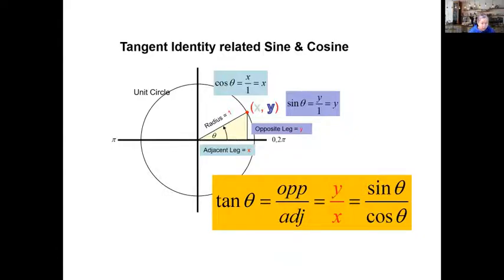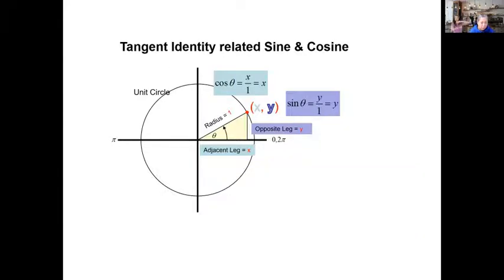Okay, we can quickly recall what was happening. As we know, the x-coordinate is the cosine, the y-coordinate is the sine.